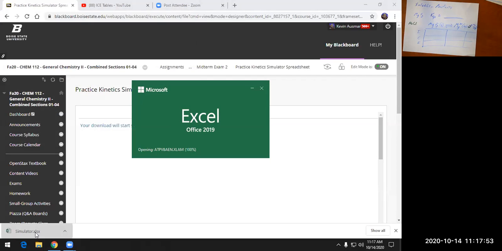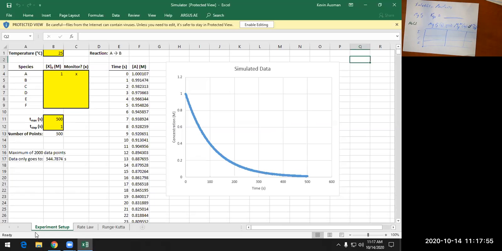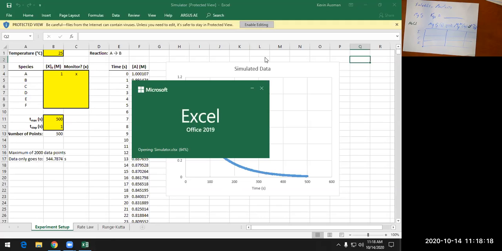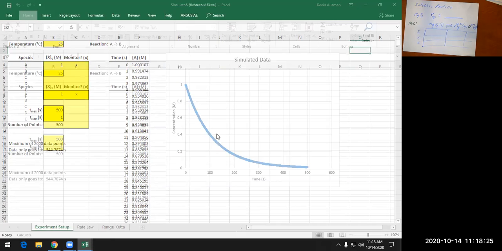And this is apparently not a really fast computer. Here we go. Okay, so what we have here is a workbook that has 3 sheets in it. The experiment setup sheet here is the main one we're looking at. It has to reopen it apparently if I say enable editing. There we go. All right.